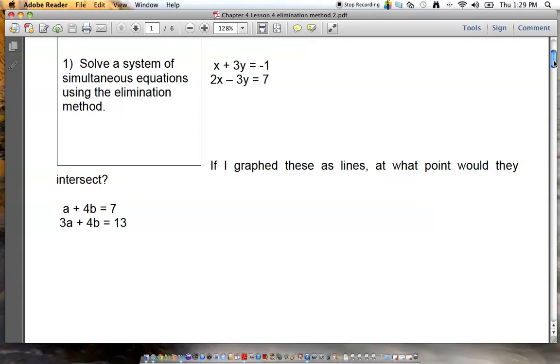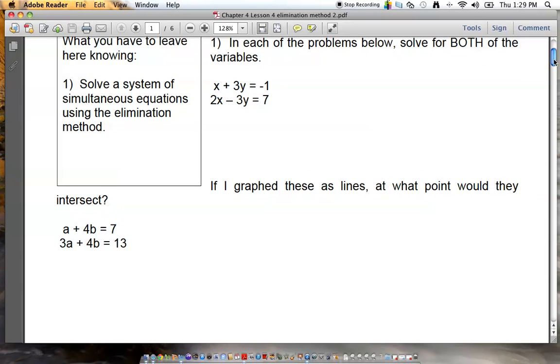So here is a typical elimination problem: x plus y equals 5, x minus y equals 1. And you're asked to solve the system of equations.